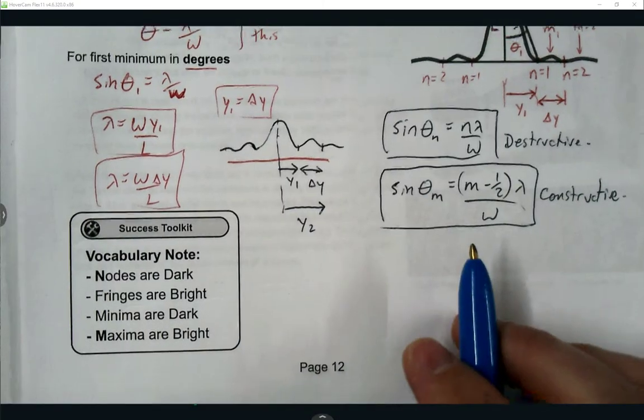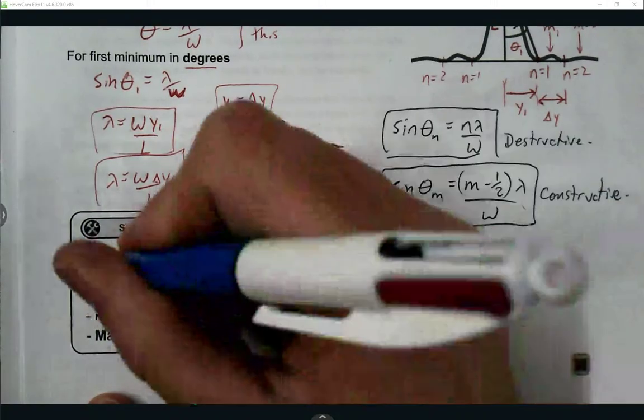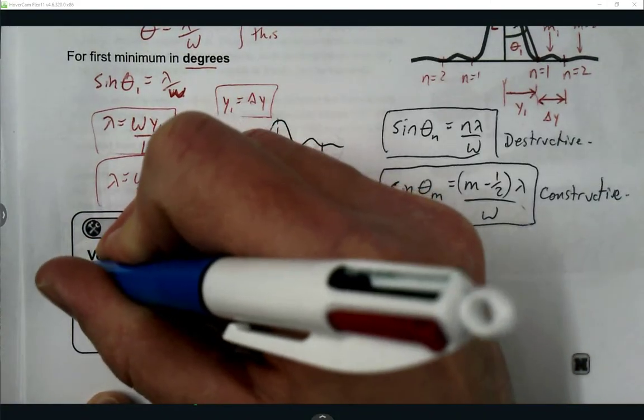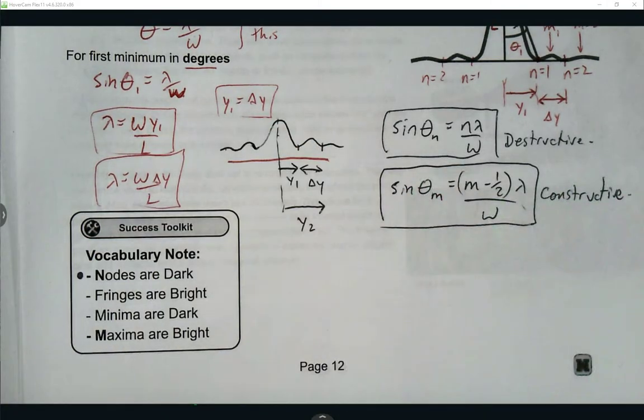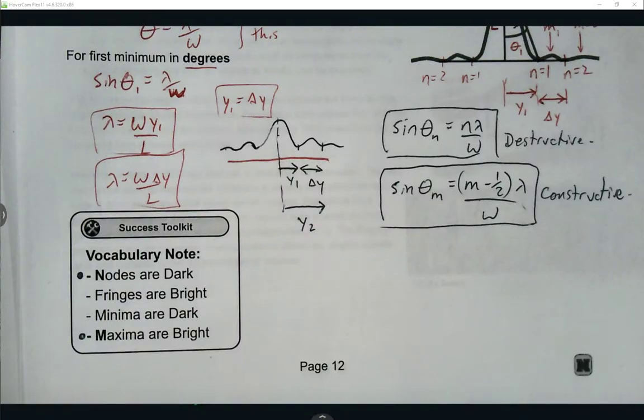In terms of making sure we got what all the subscripts are all about, notice that I've been really intentional to say that N is for the nodes. Nodes mean dark spots. The M integer is being used here for the bright spots, the maxima, maximum brightness.